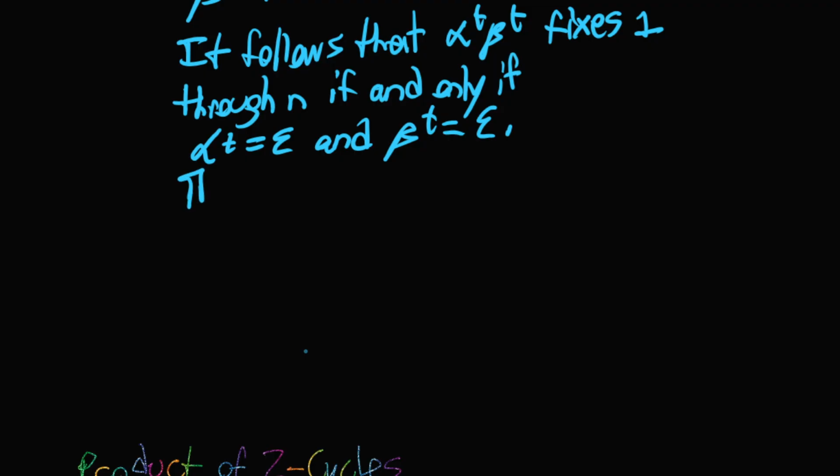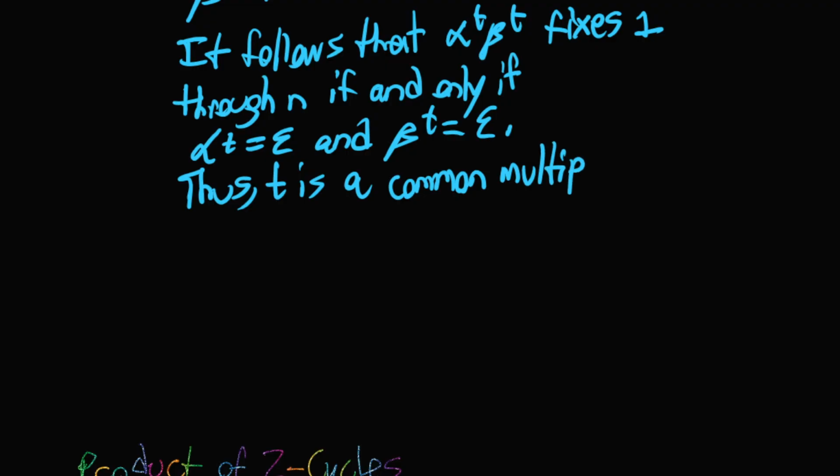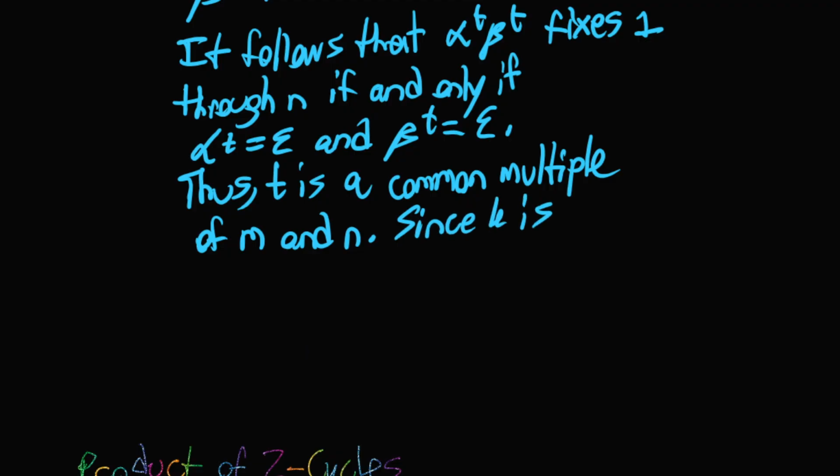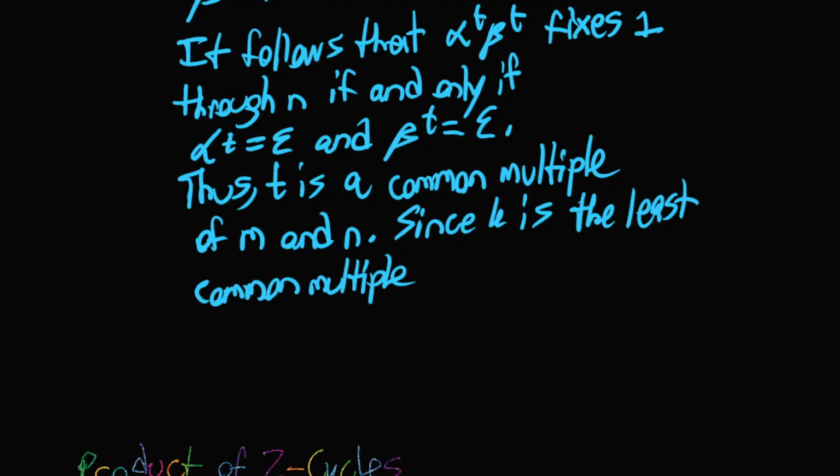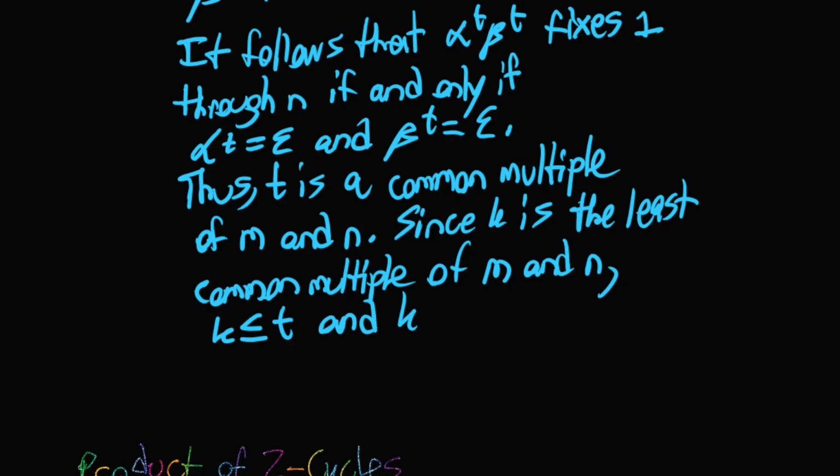So thus, t is a common multiple of m and n, and since k is the least common multiple of m and n, k must be less than or equal to t, and k equals t.